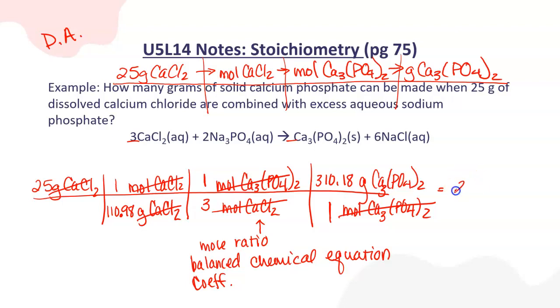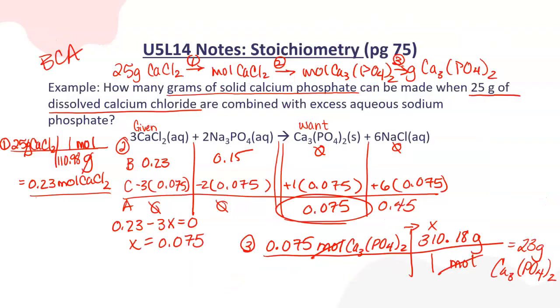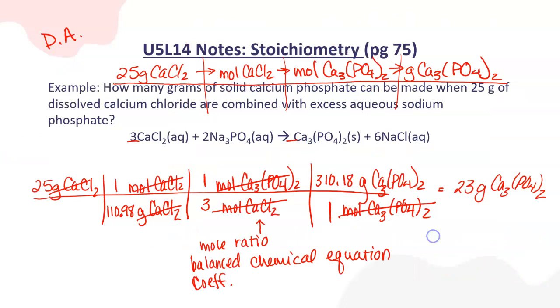And you should still get 23, and it says 23.29 and some more digits. But with 2 sig figs, 23 grams of calcium phosphate. So it gave you the same answer as the last slide. So there are different ways to show your work. This way is useful if you're only asked for one thing and only given one thing. So very simple stoichiometry. This works and it is fast.